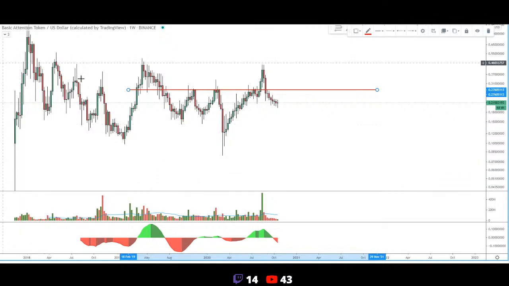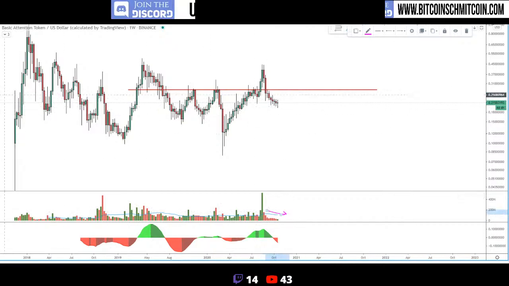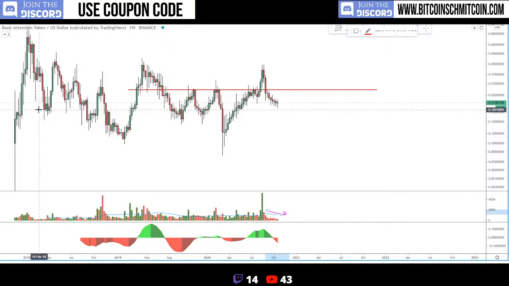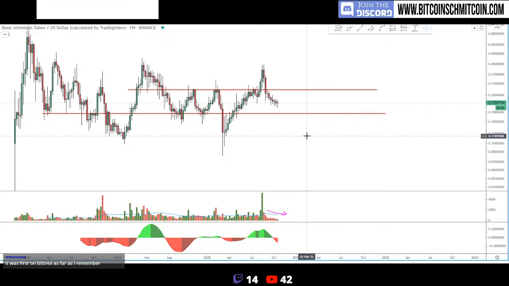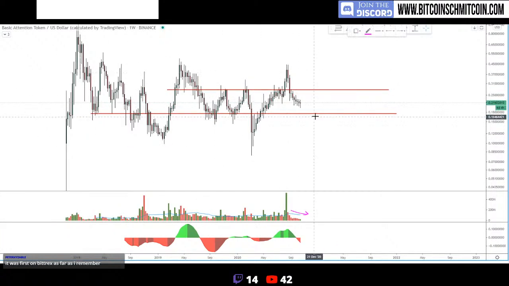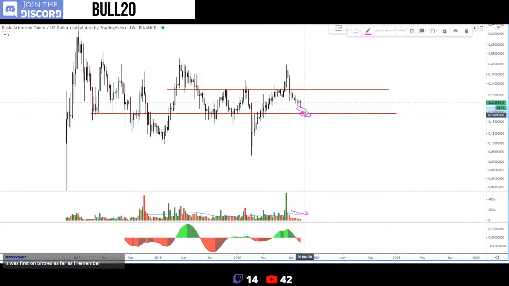Yeah, but it's doing that bleeding thing too on volume. There's not a whole lot of... Sorry, I'm thinking out loud because I haven't looked at a BAT chart in forever. I could see a capitulation down to here, like setting a Hail Mary buy right in there at 0.175.